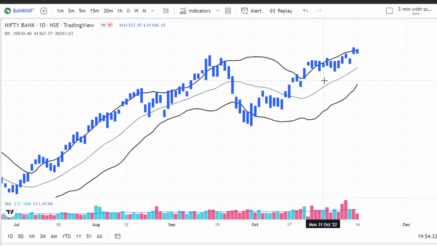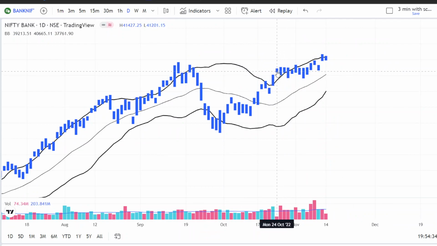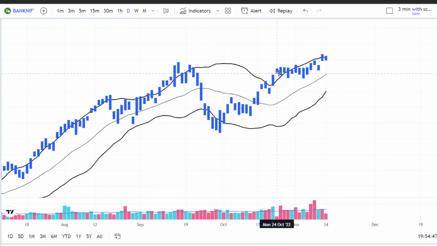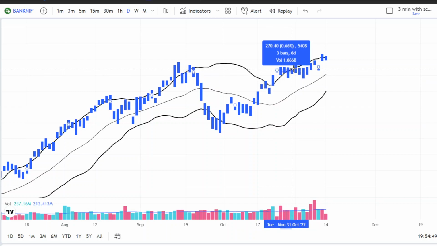Again, if you see here, on 24th October there was a gap, and the next day this low was broken, but the stop loss was hit on 1st November. But you can't imagine the loss here.